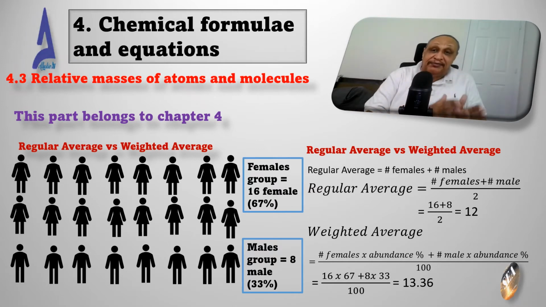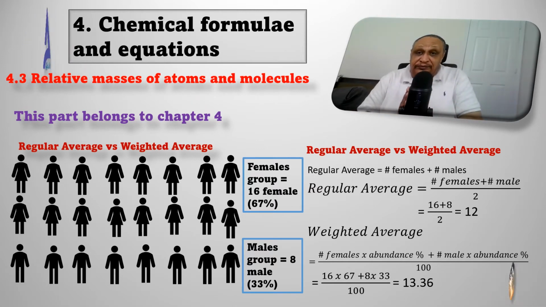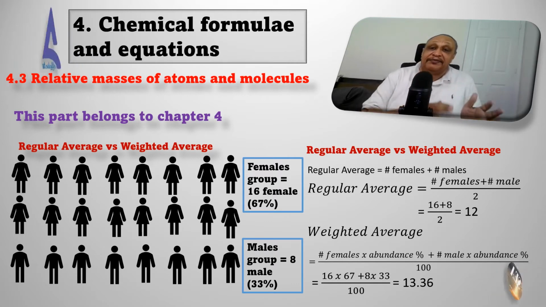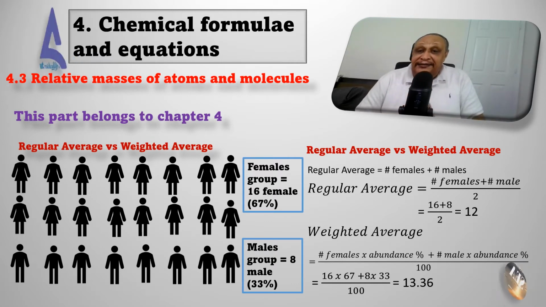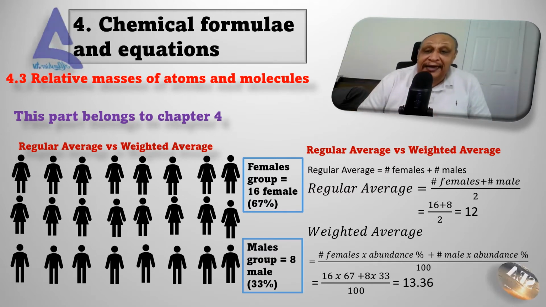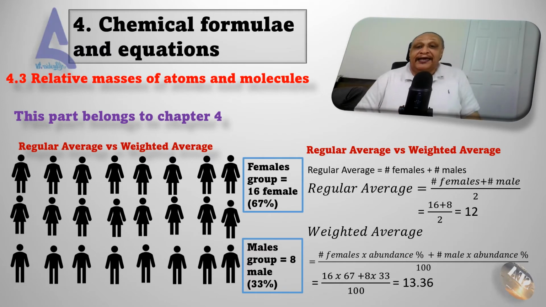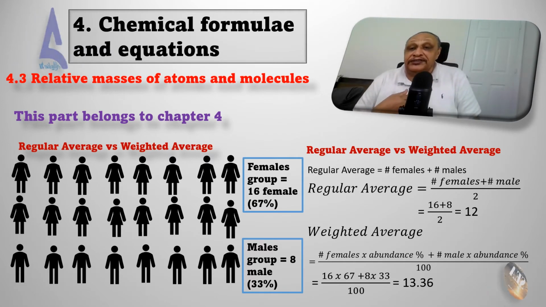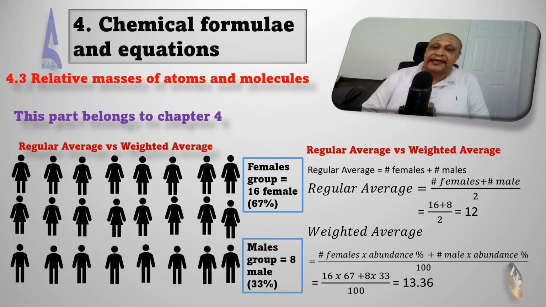When we add 16 multiplied by 67 plus 8 multiplied by 33, over the total 100, we are going to have a mean representing the contribution of each category in this community, and this is 13.36.